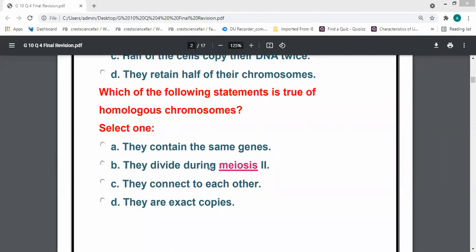Right. So what's the difference between the first choice and the last one? They contain the same genes, but they are not exact copies of each other.